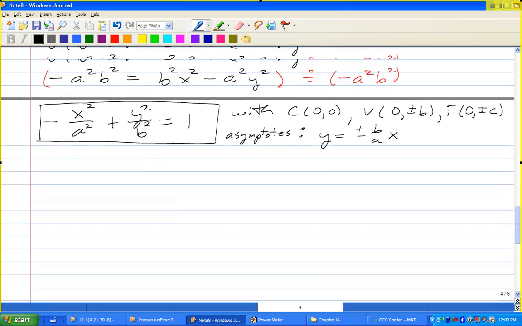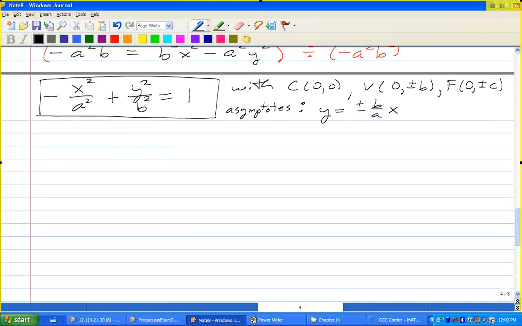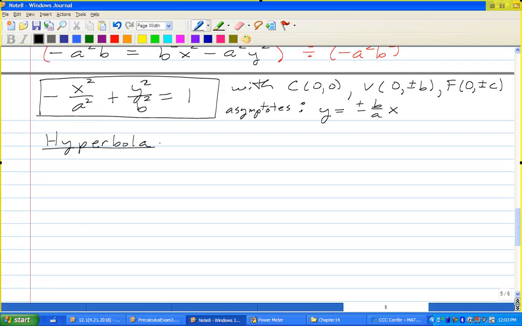Okay, well, if I just interchange x and y, basically instead of having the vertices along the y-axis, if I have them along the x-axis, so we have this hyperbola, something like this.